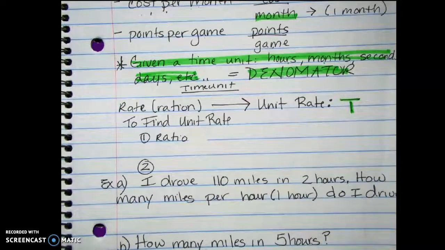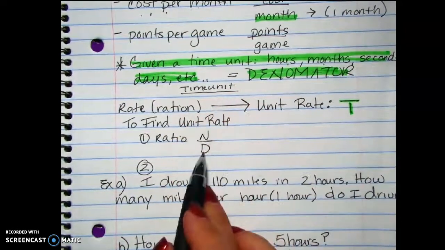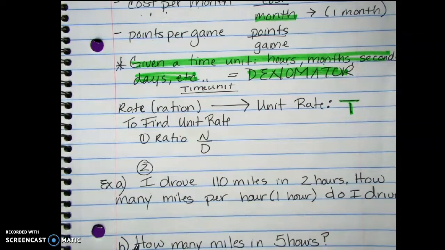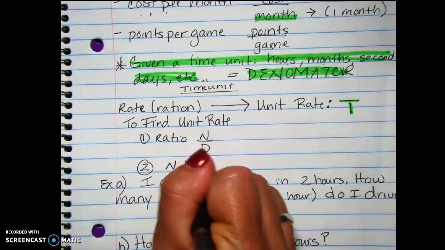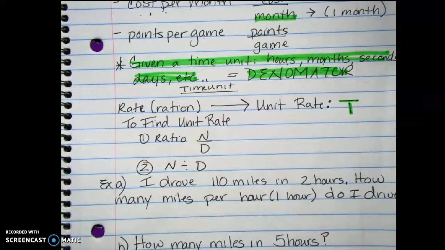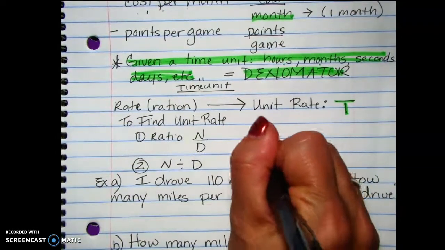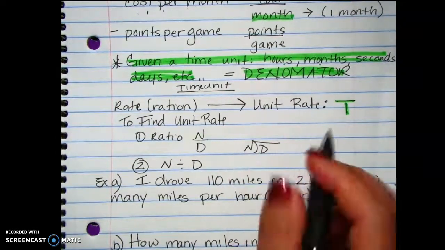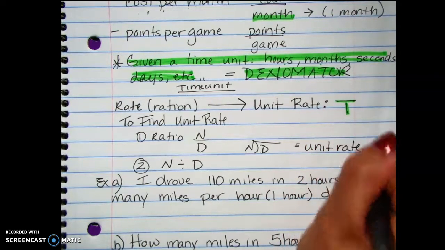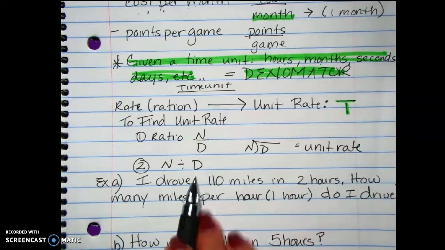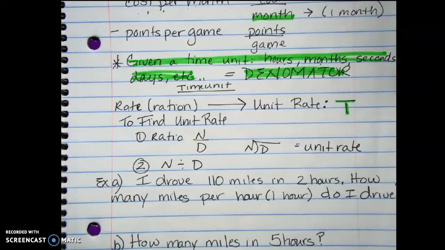And we make sure we write it as a fraction form. Okay, and once we do that, what we need to do is make sure we divide the numerator by the denominator. And of course, for long division, it looks like this. And then we get the unit rate. That means it will be the 1 unit. The denominator will be 1.